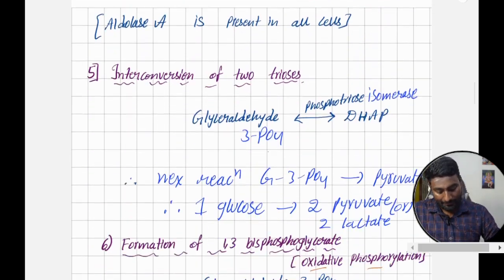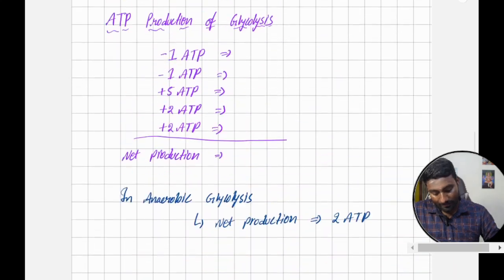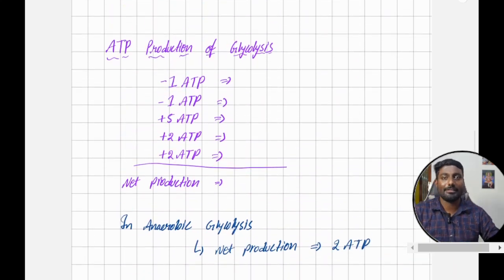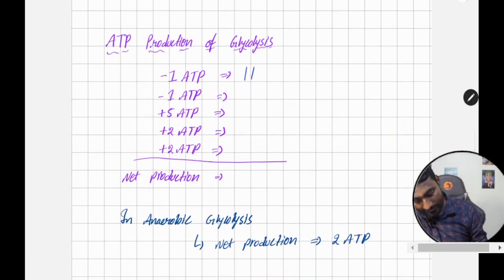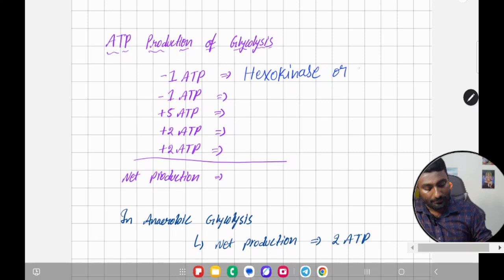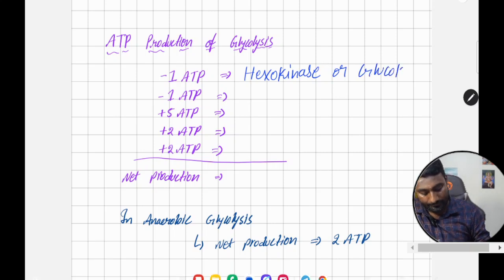Now we will see how many ATPs are being utilized and produced at different steps. There is utilization of one ATP at the level of hexokinase or glucokinase.